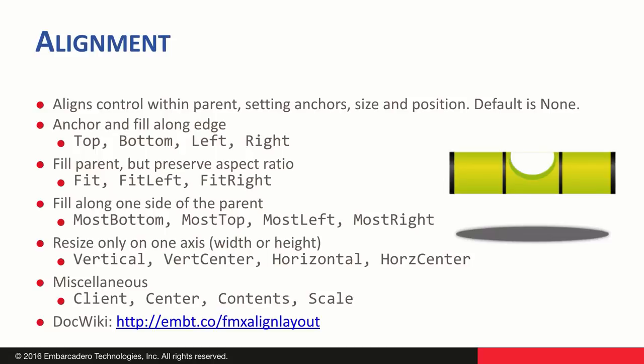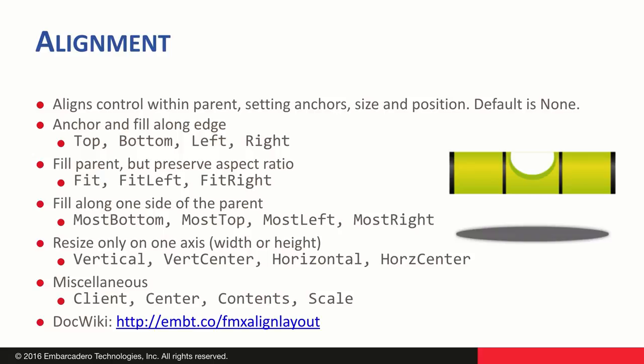Now you can put anything in anything really, but a layout's just the simplest one. So if you just want something simple to hold other things, you use a layout. And so I'll put a layout on the top and I'll align it to top, and then I'll put another layout in the main area and I'll align it to client, and then I'll put stuff in the client area and put stuff on the top, and this kind of gives me a flexible layout that I'm able to work with.